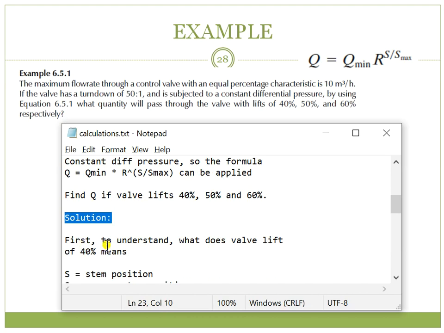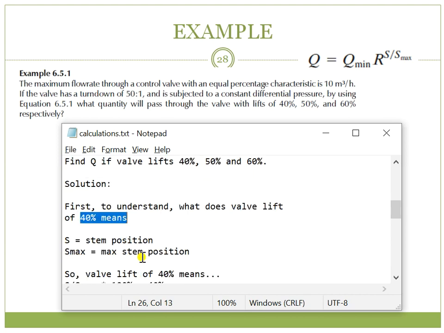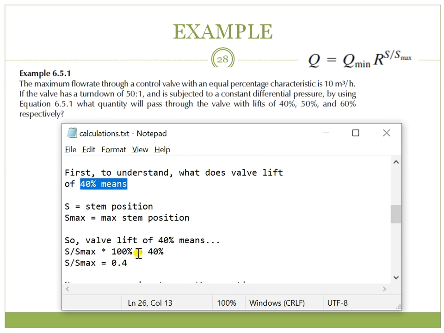So first, we need to understand what does lift of 40% mean. Going back to our previous slides, S is equivalent to stem position, S max is the maximum stem position. Usually this value will be given or we need to calculate.